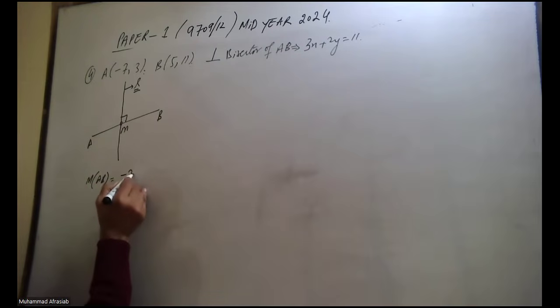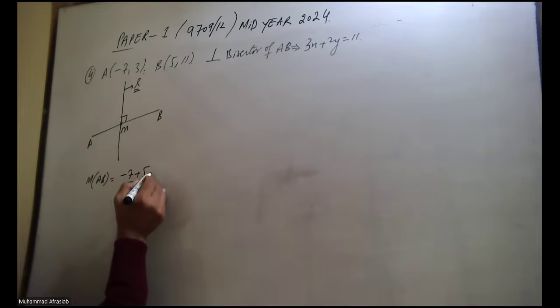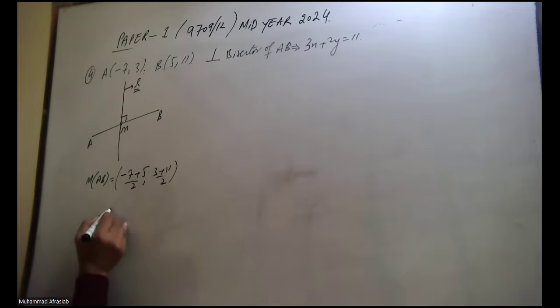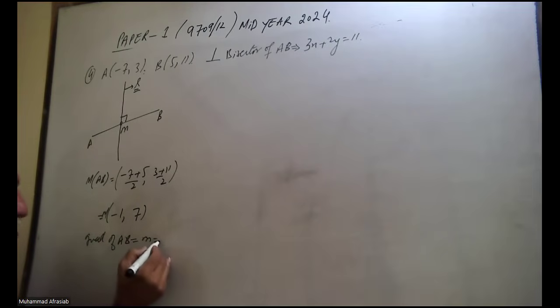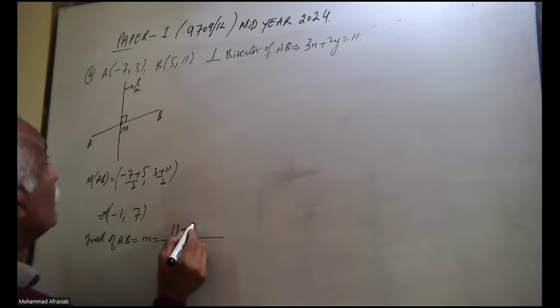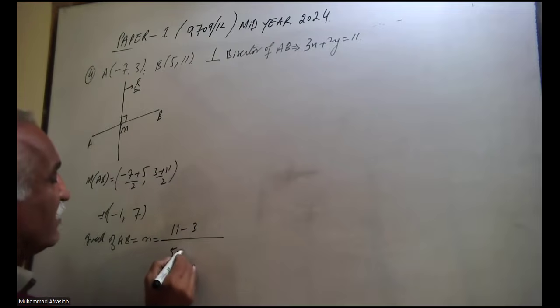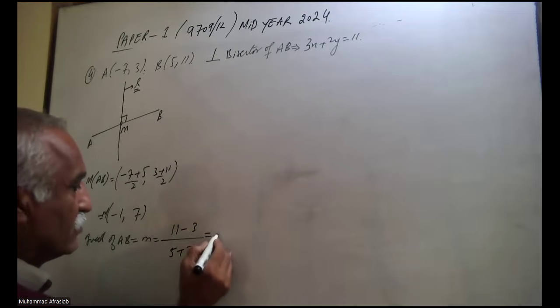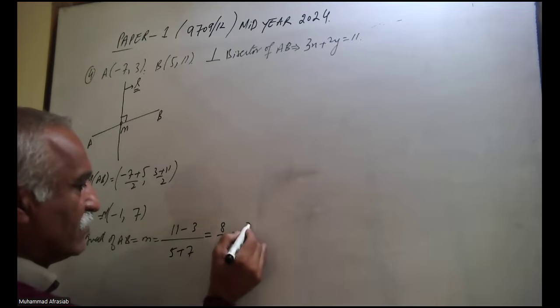That is equal to (-7 plus 5) over 2 and (3 plus 11) over 2, which will be equal to (-1, 7). This is the midpoint of AB. Then the gradient of AB, which is denoted by m, is equal to (11 minus 3) over (5 plus 7), which is equal to 8 over 12, that is equal to 2 by 3.